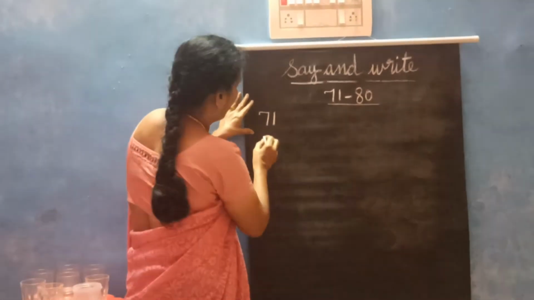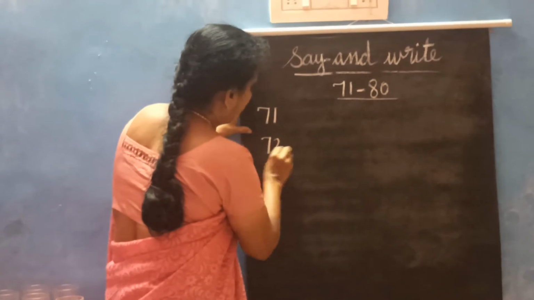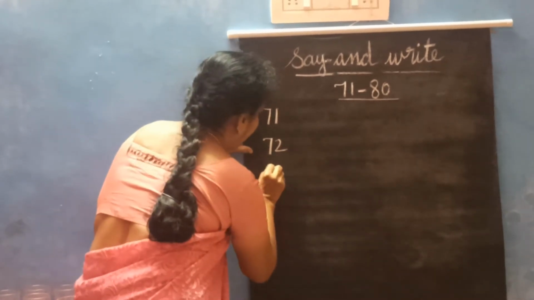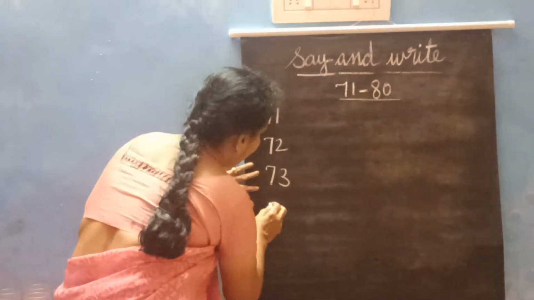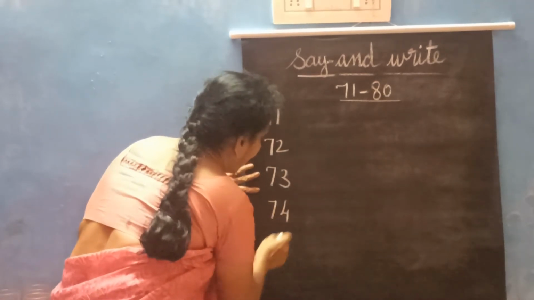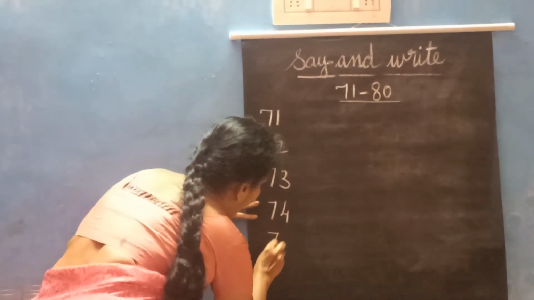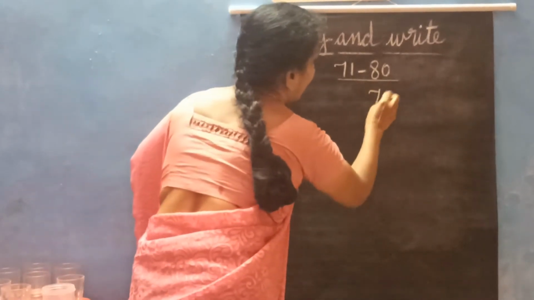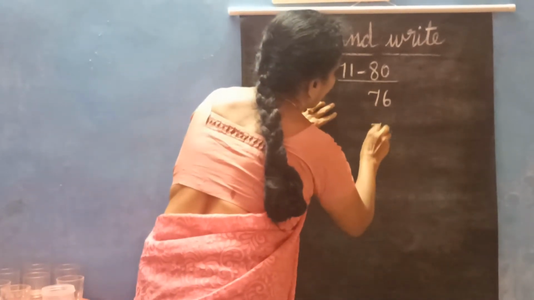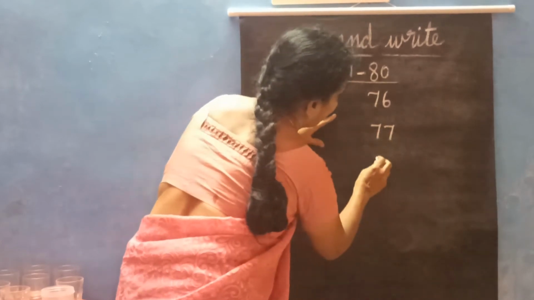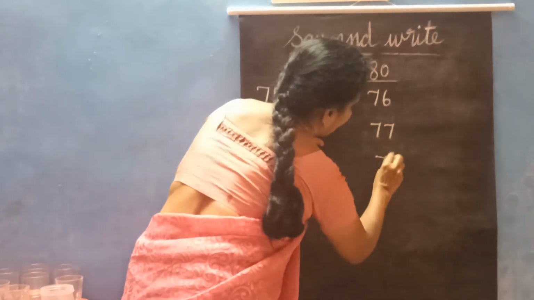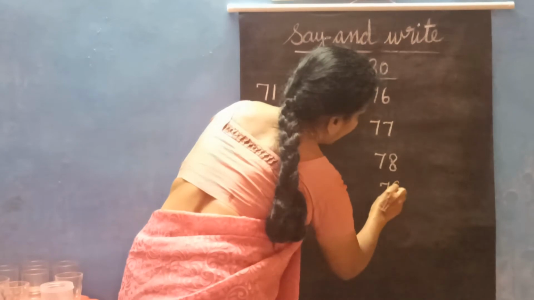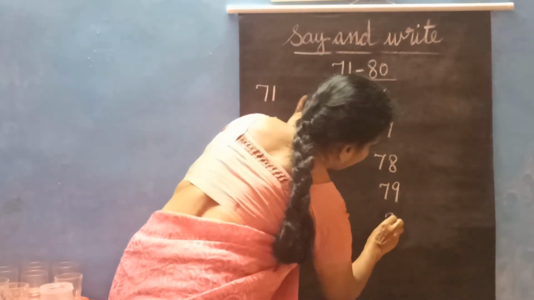Seventy-one, 72, 73, 74, 75, 76, 77, 78, 79, 80.